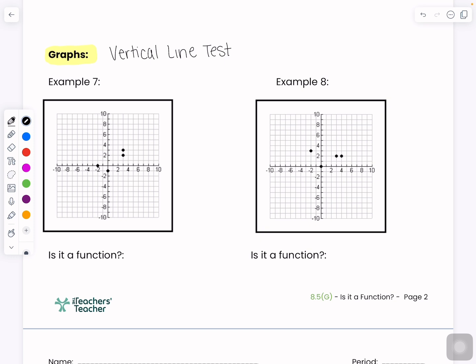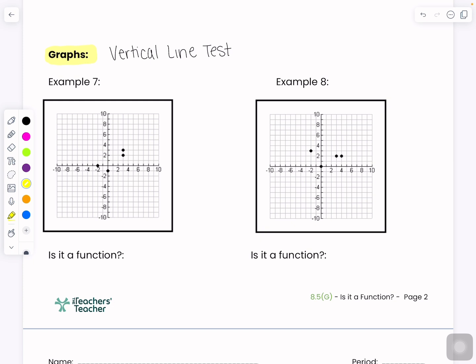If the vertical line goes through only one point, then we can say yes, our graph represents a function. If our vertical line goes through more than one point, then we can say that x is paired with more than one y value. Therefore, our graph does not represent a function.